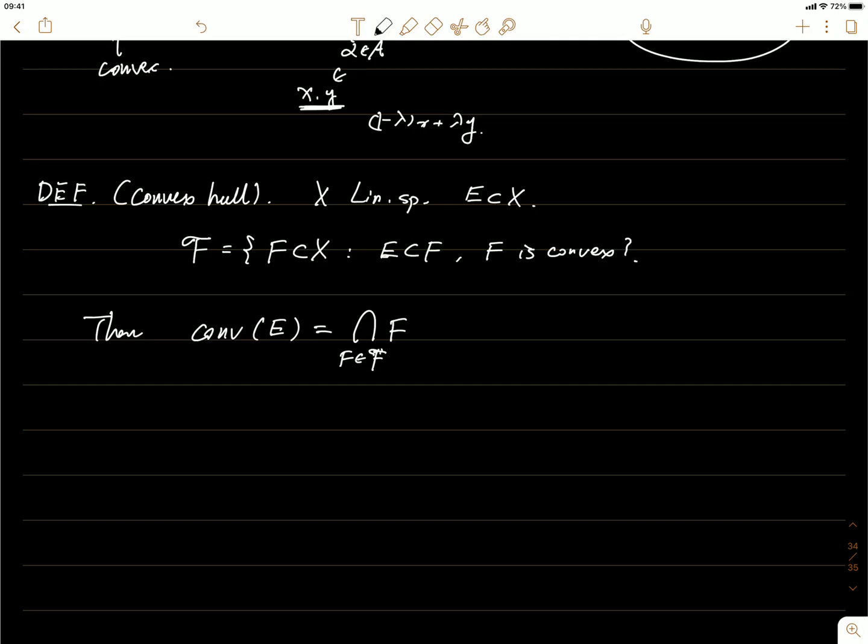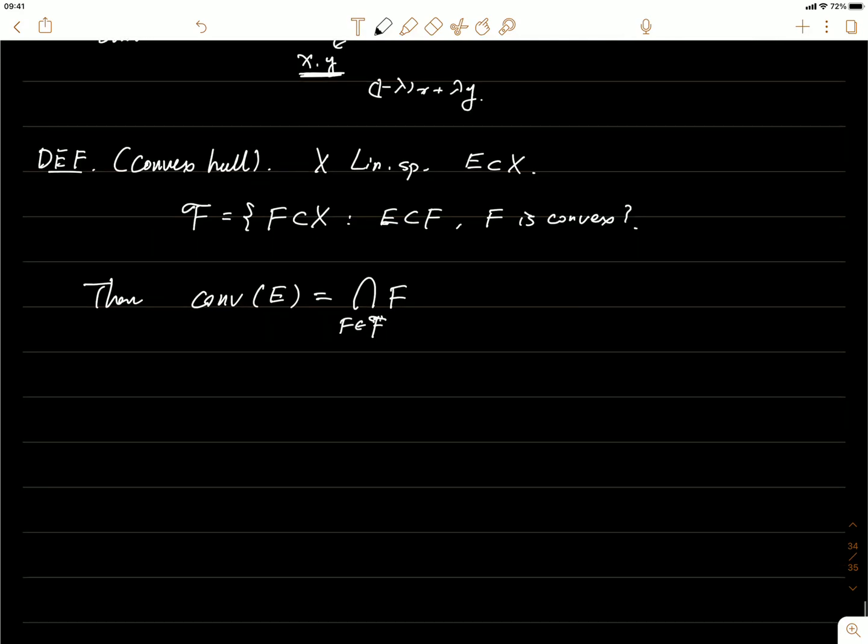So what this actually means is you can imagine this convex hull is just giving you the smallest convex set that contains E. A typical example: say I have E like that, then the convex hull will be just like this, containing the whole thing here.